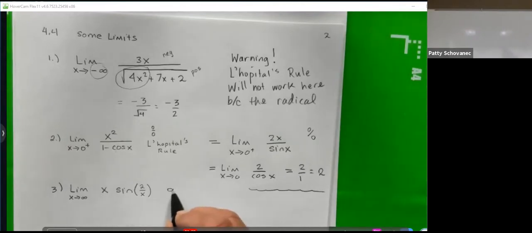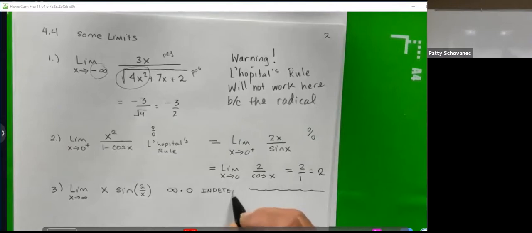Infinity times 0 is not going to be 0. Infinity times 0 is one of our indeterminate forms. But it's an indeterminate form that we can convert to either 0 over 0 or infinity over infinity. Does anybody remember how?